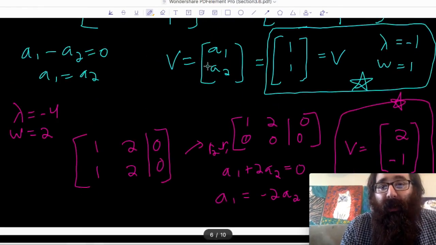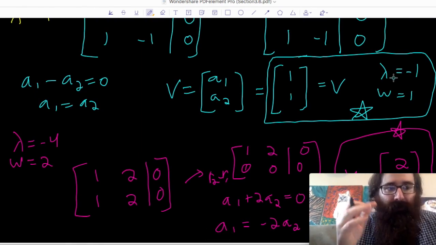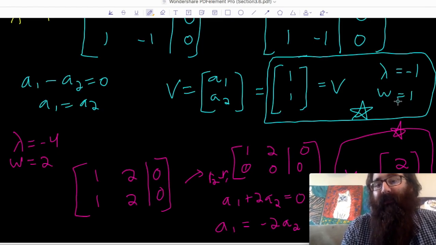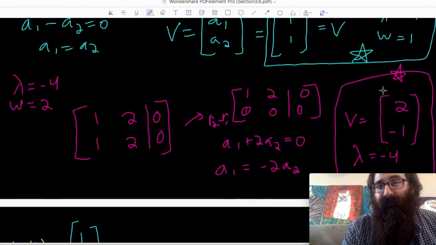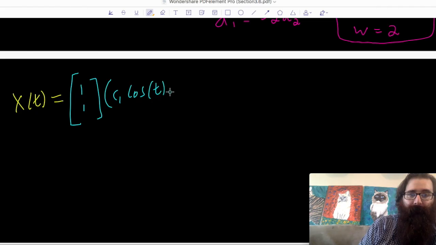And then this gave me lambda is -1, which think about that as e to the plus or minus square root of -1 t power. That's a complex, pure imaginary exponent. So then by Euler's identity, we're going to get sinusoidal functions. The sinusoidal functions are going to have a frequency of 1 in the argument. So that's going to be my parentheses c sub 1 cosine of 1t plus c sub 2 sine of 1t.